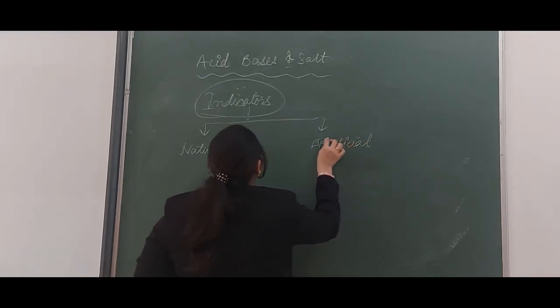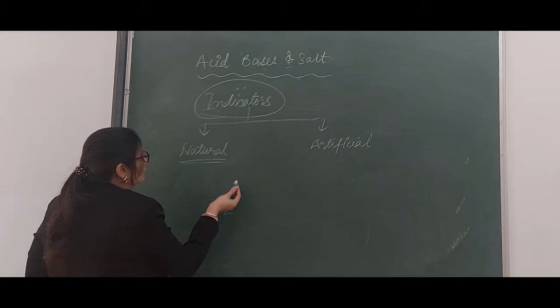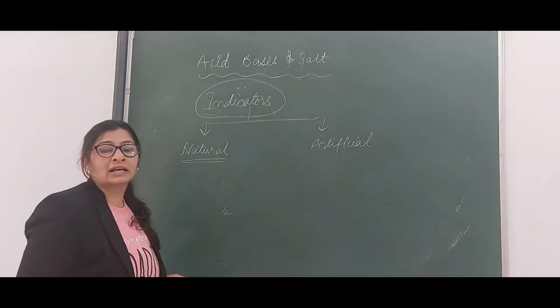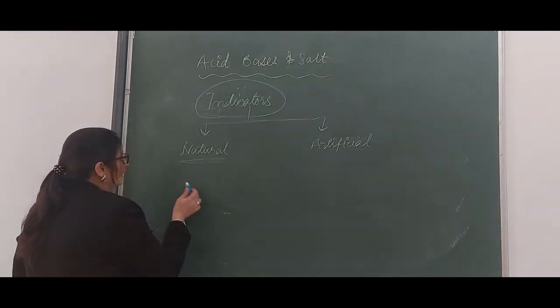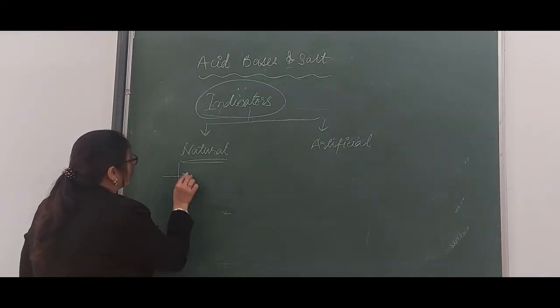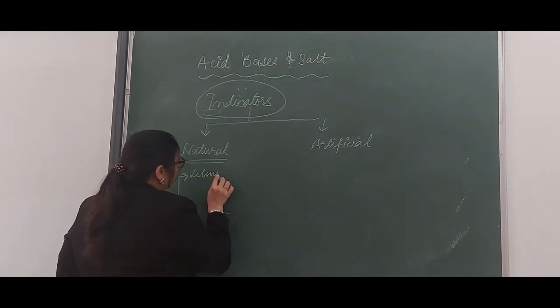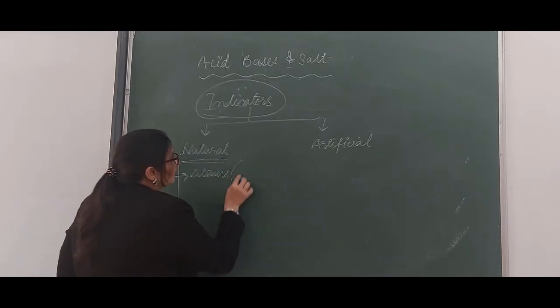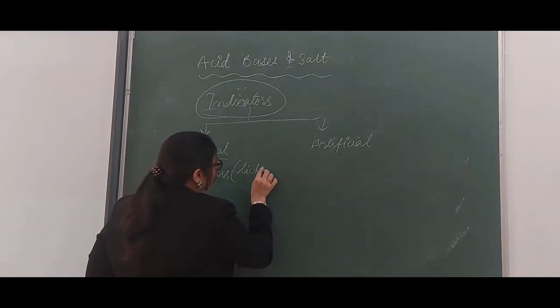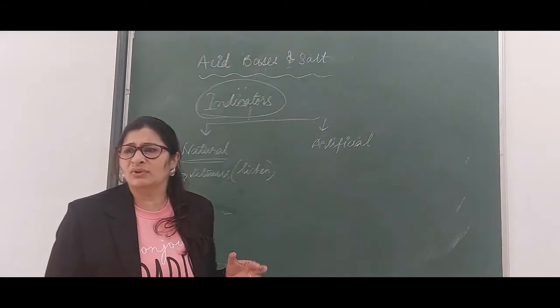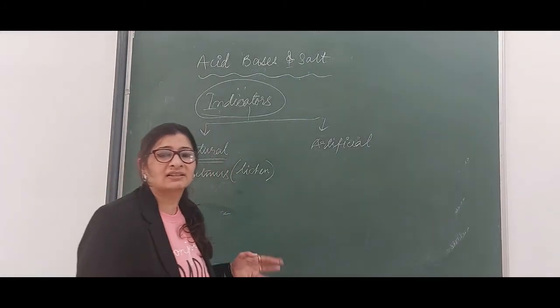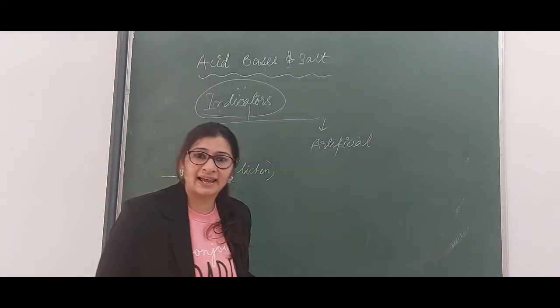Natural indicator, as the name suggests, we can get from natural substances, from natural things. For these we have three main indicators. One is litmus solution. Litmus we get from lichen. Lichen is a type of symbiosis interaction. If you have studied in your previous classes, it's an interaction between fungi and algae.